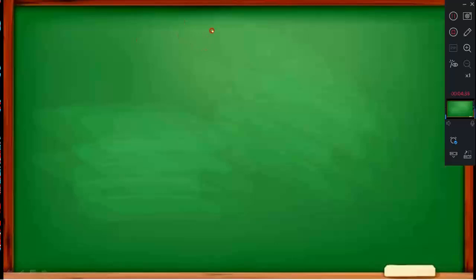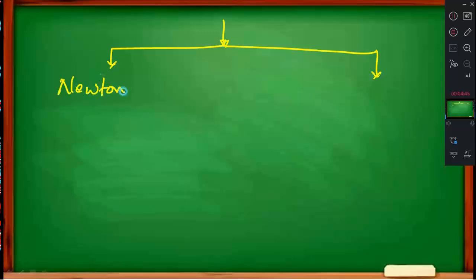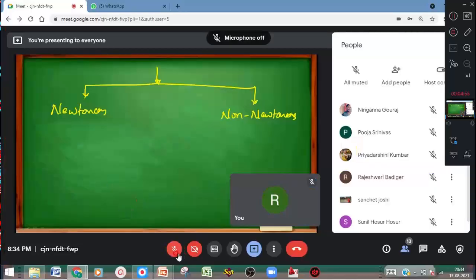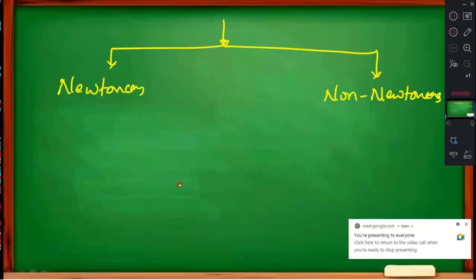In this universe we have only two types of fluids. The first one is the Newtonian fluid, and the second one is the non-Newtonian fluid. Newtonian fluid means those fluids which obey Newton's law, and non-Newtonian fluids means those fluids which do not obey Newton's law.